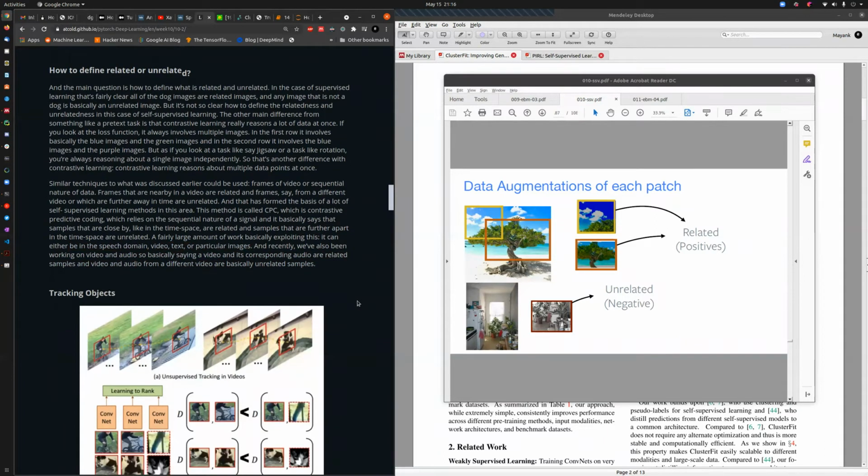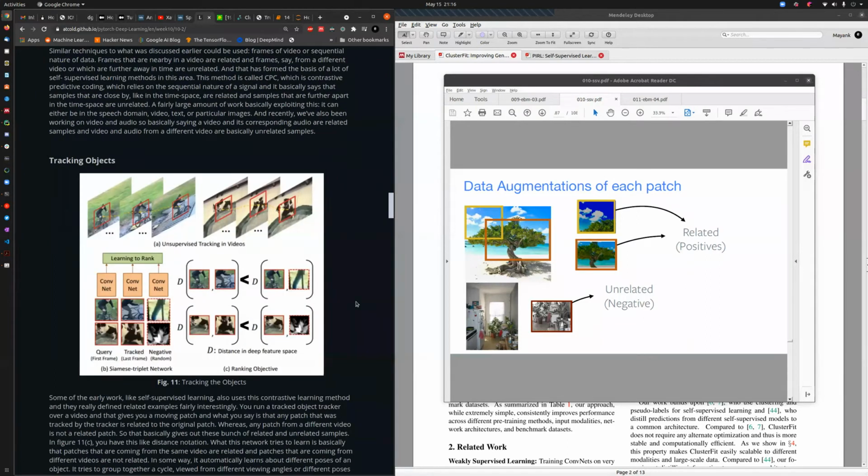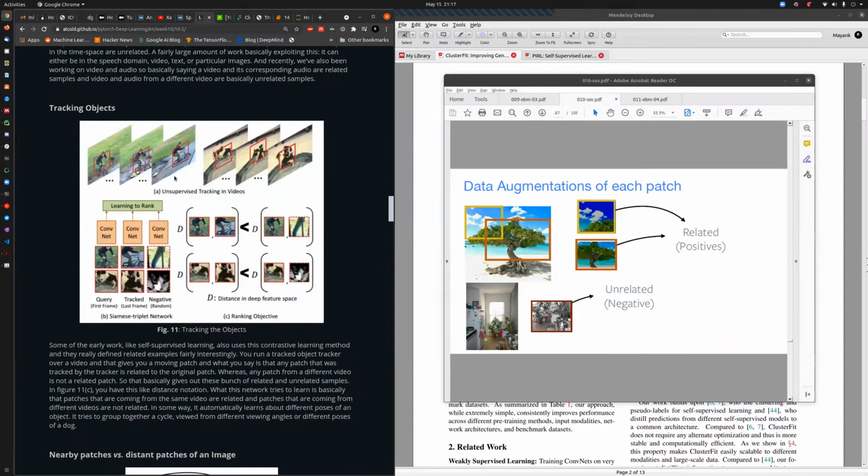So this is basically with respect to unrelated samples. Tracking objects here is unsupervised tracking in videos, Siamese triplet networks, and ranking objectives as we have just seen. These are the kind of augmentations that are applied and compared.